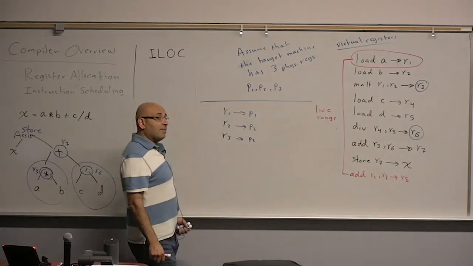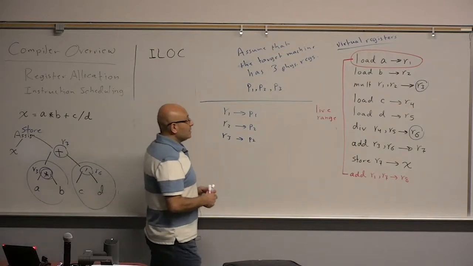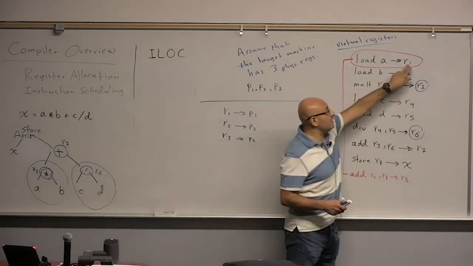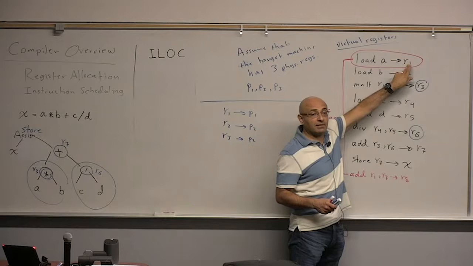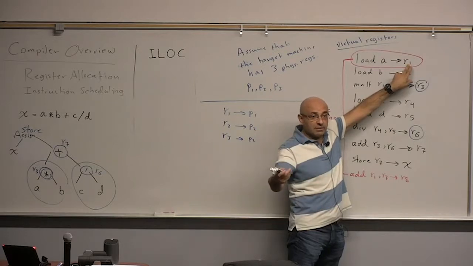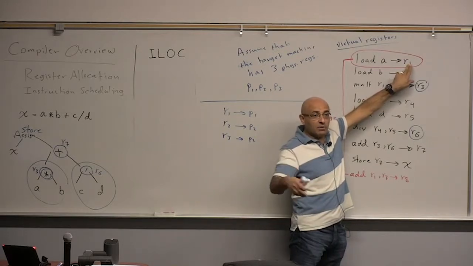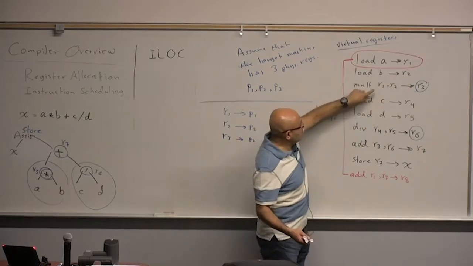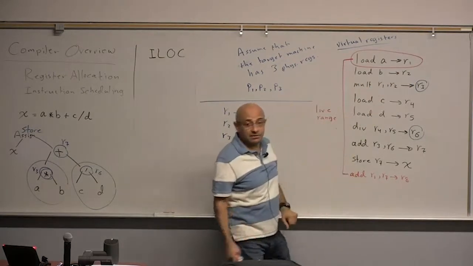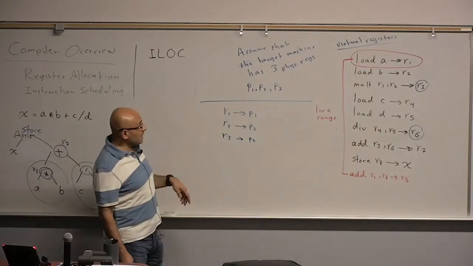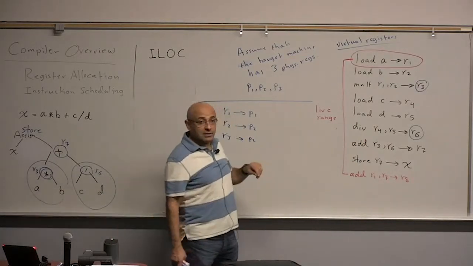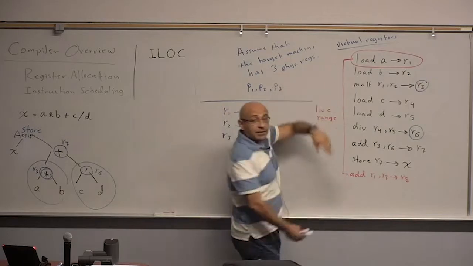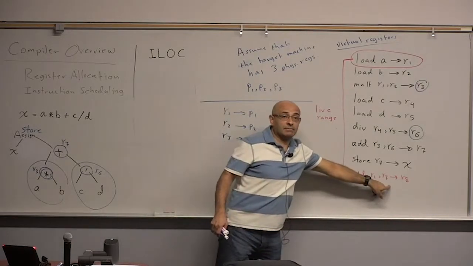So the live range of a register is the distance between the definition, where we are putting a value or a result in it, and its last use. So register R1 has a long live range with this instruction in red.